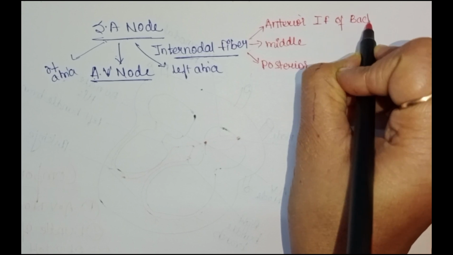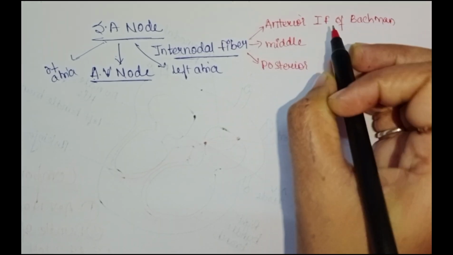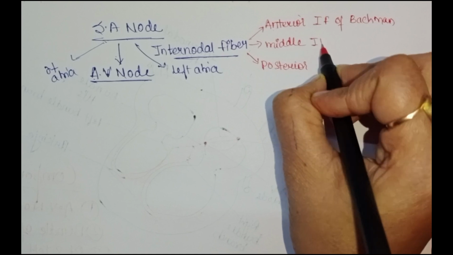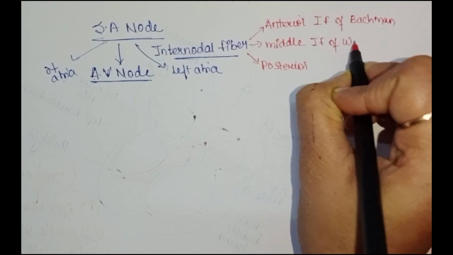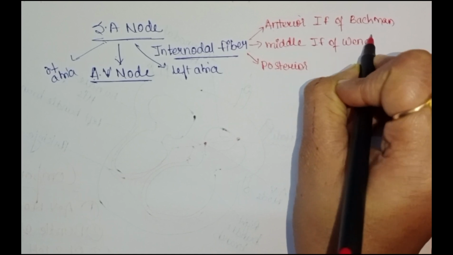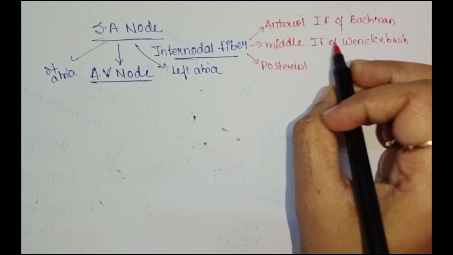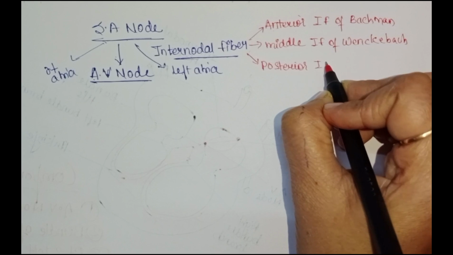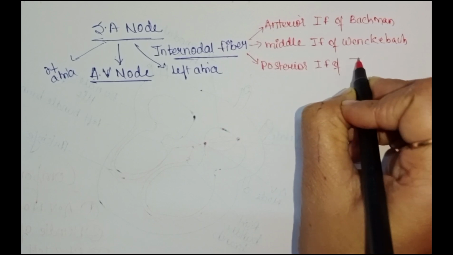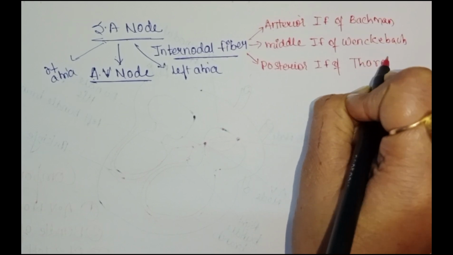First is the anterior internodal fiber of Bachmann. Middle internodal fiber of Wenckebach. Third is the posterior internodal fiber of Thorel.